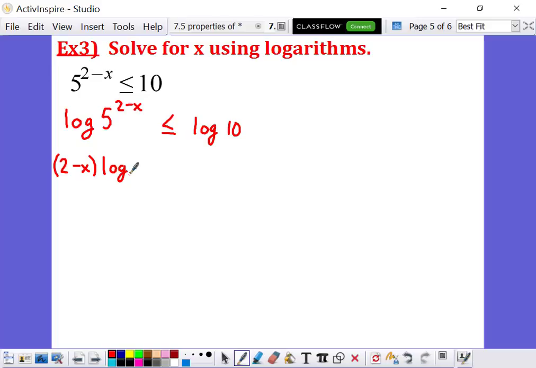So that becomes (2 minus x) times log of 5, which is less than or equal to log of 10. Now we want to get our log, so divide both sides by log of 5. That becomes 2 minus x is less than or equal to log 10 divided by log 5.